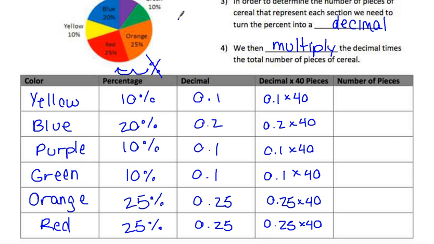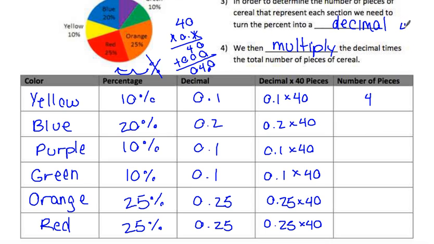And remember, when you multiply decimals, you're going to do 40 times 0.1. 1 times 0, 0. 1 times 4 is 4. 0 for place value, but really I don't need that because it's just zeros. 0, 0. Add them. 0, 4, 0. I have one space right here for decimal, so decimal goes right there. So there's 4 pieces for that one.